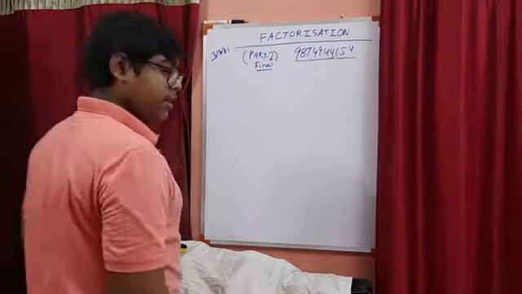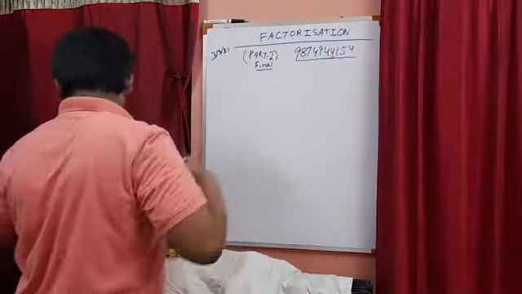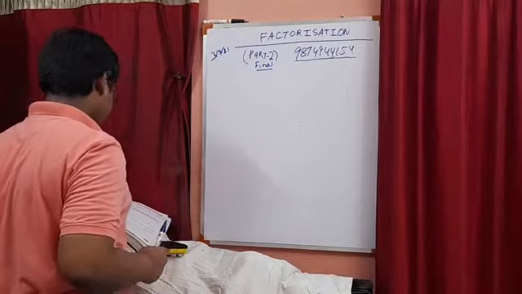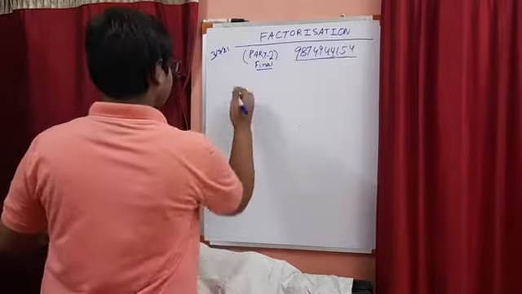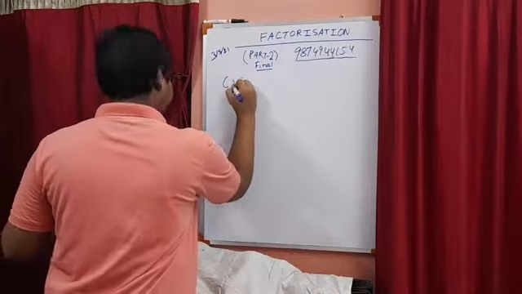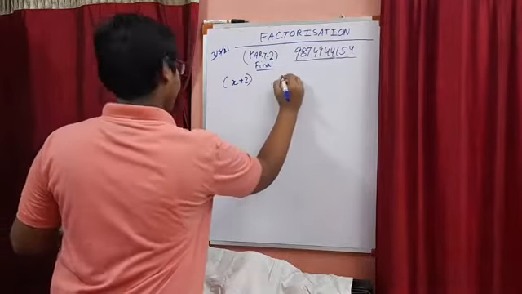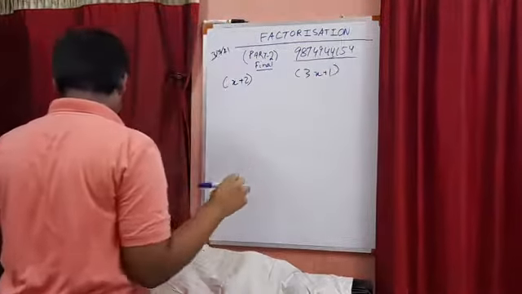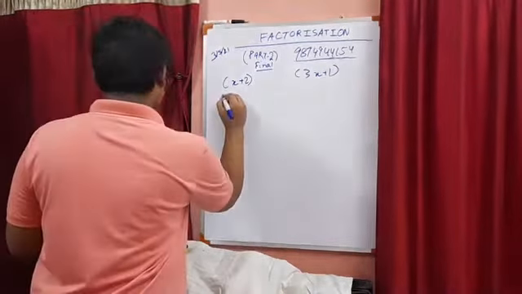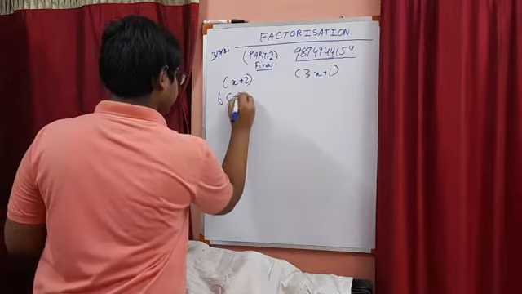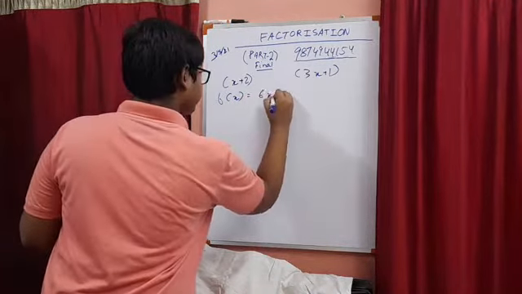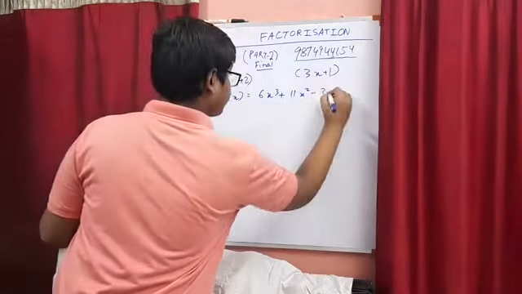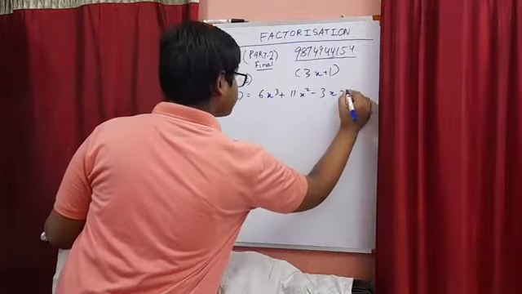x plus 2 and 3x plus 1 are factors of 6x cubed plus 11x squared minus 3x minus 2. Therefore, the factors are x plus 2 and 3x plus 1, and the polynomial is f(x) is equal to 6x cubed plus 11x squared minus 3x minus 2.